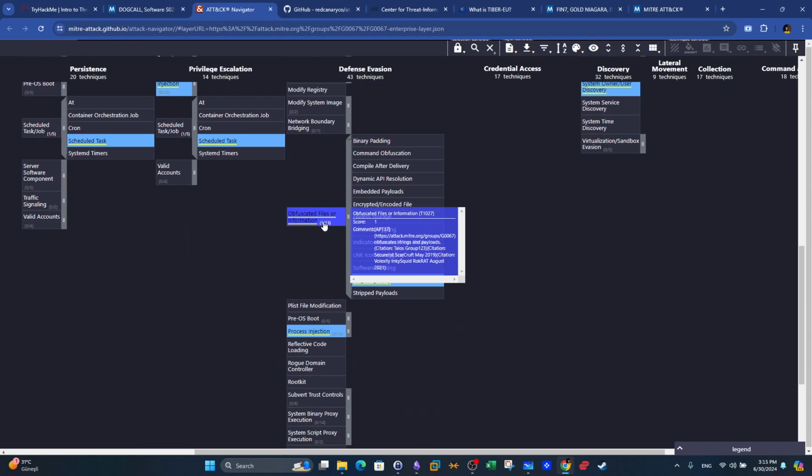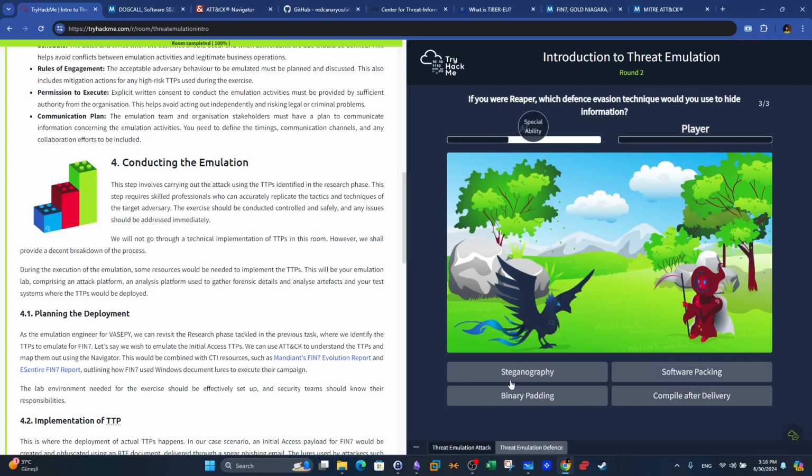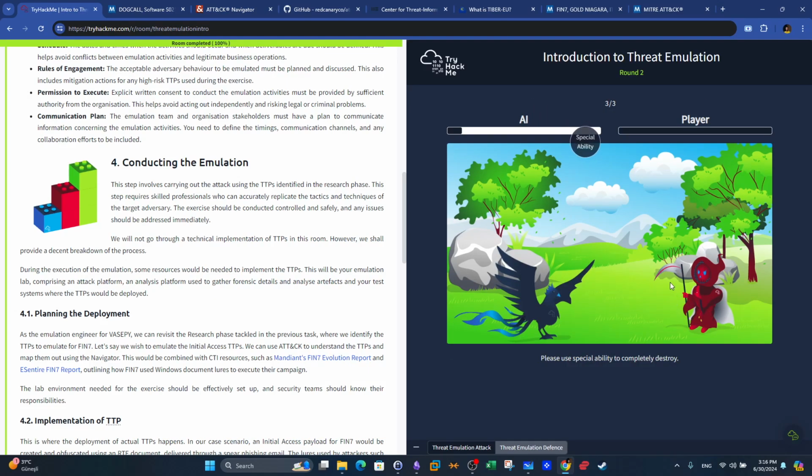So here, obfuscated files or information can be used for this, it can be used to hide information, but more specifically, it is used to obfuscate. What clearly fits the definition of hiding is steganography. So we're going to answer with steganography here. And the floating bubble here, special ability, come here, click.